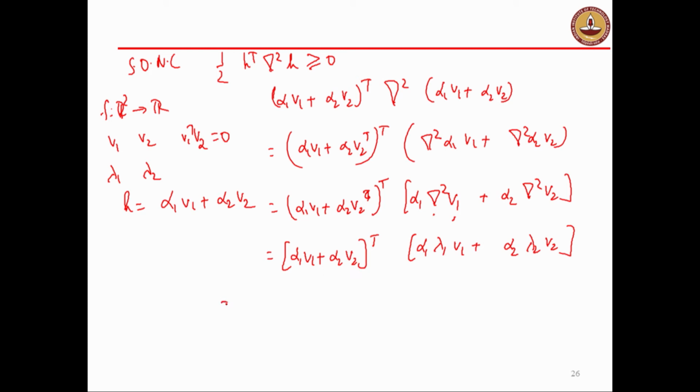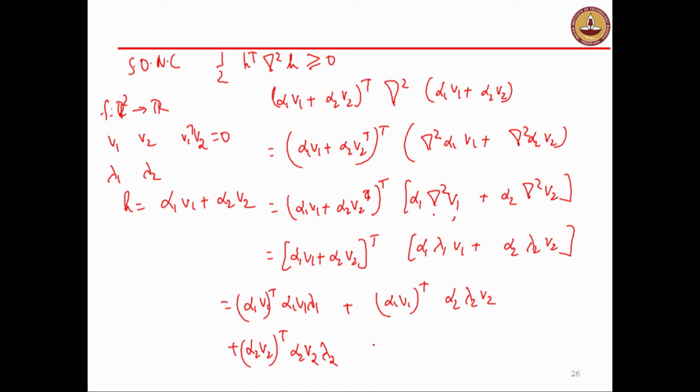Now, when I expand this out, I will get 4 terms. Let me write out the easier terms first: alpha 1 V1 transpose alpha 1 lambda 1 V1, plus alpha 2 V2 transpose alpha 2 lambda 2 V2. Then there will be cross terms. These alphas and lambdas are all scalars.